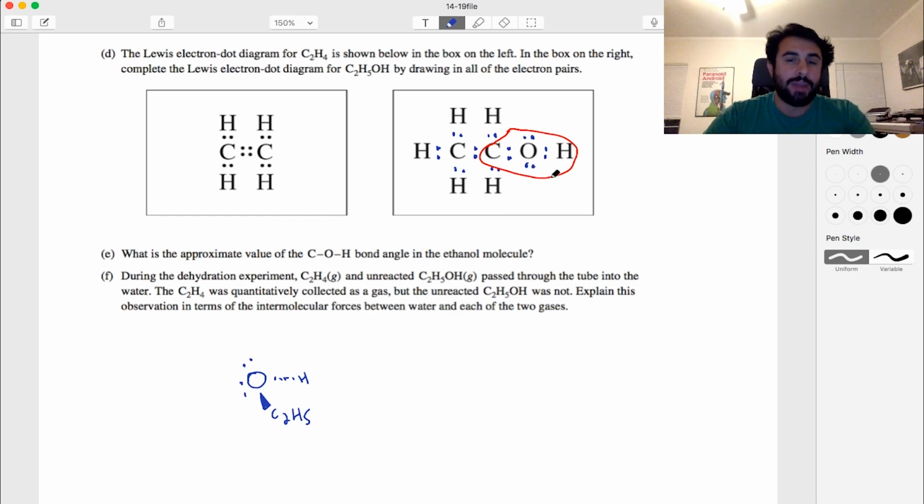4 electron domains means this is sp3 hybridized, right? Oxygen is sp3 hybridized, so it has tetrahedral electron domain geometry, and because of the 2 lone pairs, the molecular shape is bent.